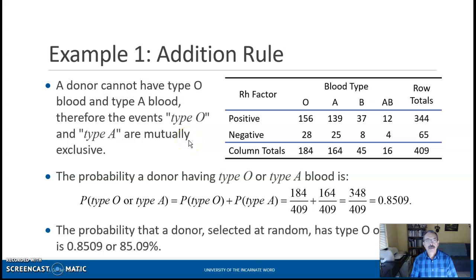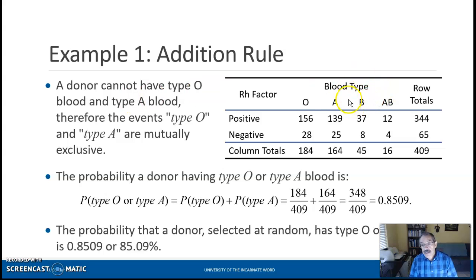To calculate the probability, the very first thing that we need to determine is whether or not the two events that we're considering are mutually exclusive or not. So in here, you know that a donor cannot have simultaneously two types of blood. So either you have type O or you have type A. Therefore, the event type O and the event type A are mutually exclusive events.